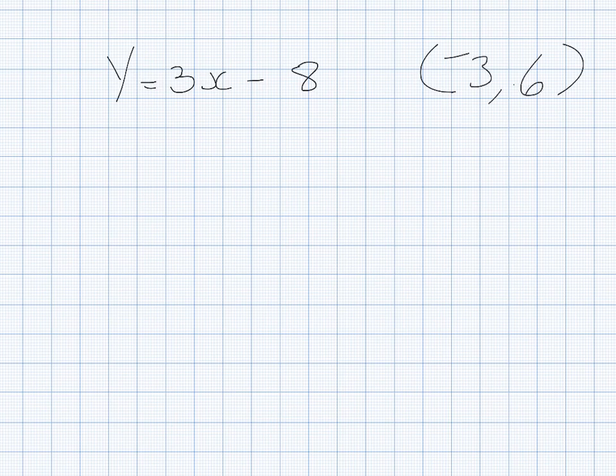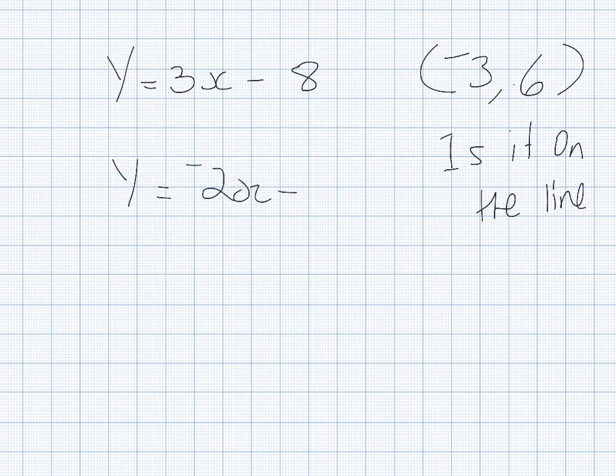I want you to tell me, is it on the line? Yes or no? And one more, y equals negative 2x plus 0, sorry. Okay, so again, is it on the line?